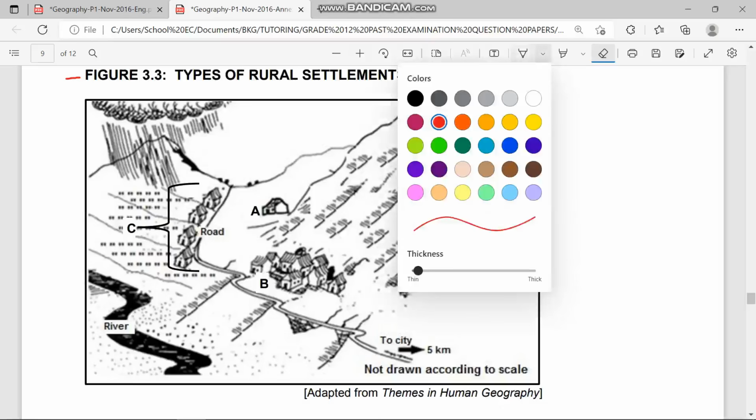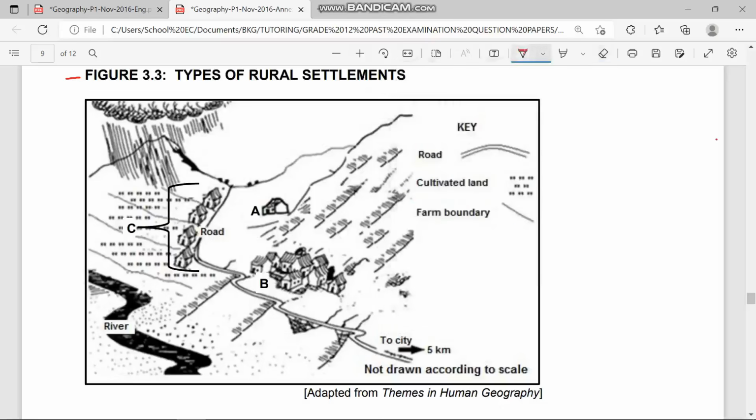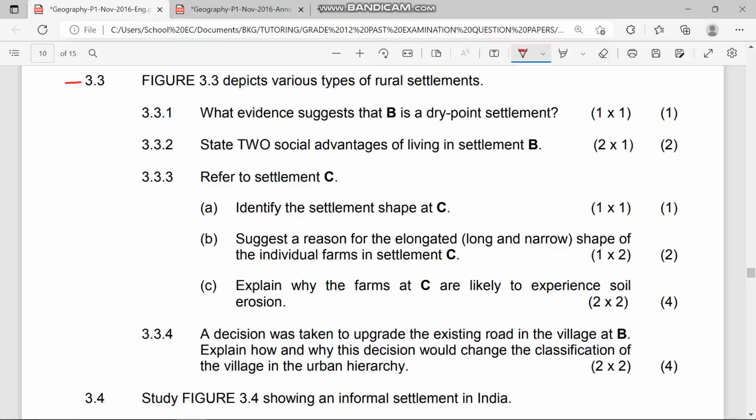So the very first question says 3.3.1, what evidence suggests that B is a dry point settlement?